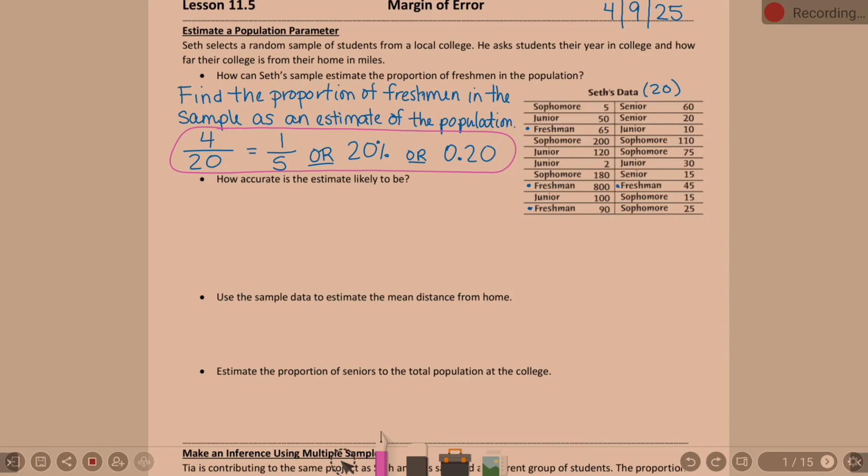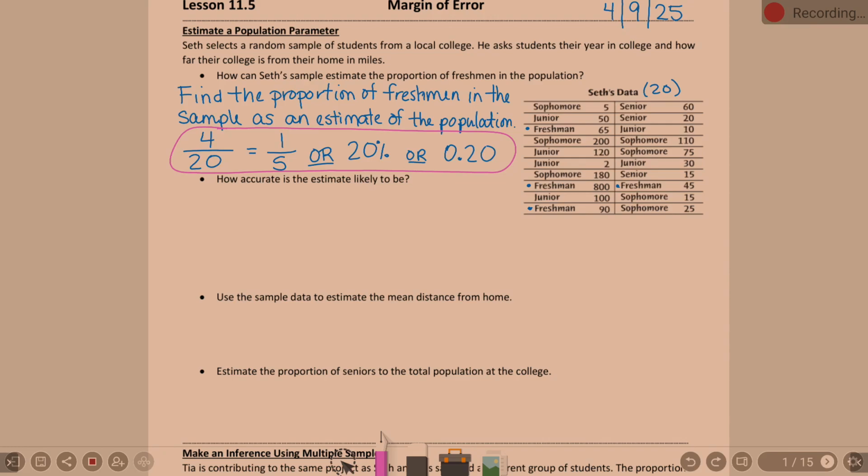Say there's a couple thousand students at this college. Is 20 going to be an accurate estimate for a couple thousand students? It could be, but is it guaranteed to be? No. What would we say about a sample size? If I'm just looking at a population of 100, is 20 a decent size? Yeah, probably.